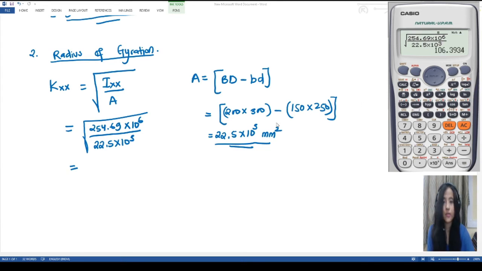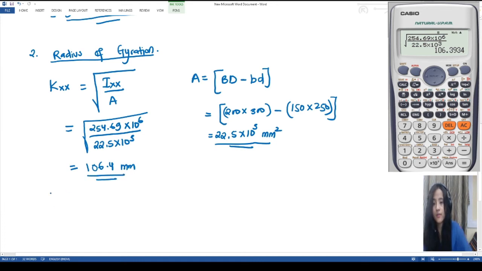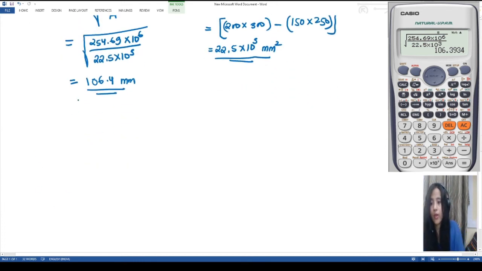So you're getting 106.39, so let's make it 106.4 mm. Right?